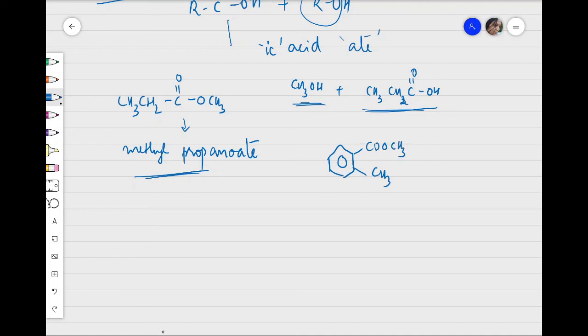In this case, the name would be methyl, because this is for the ester part, and then 2-methyl to show that there is a substituent on the acid counterpart, benzoate.